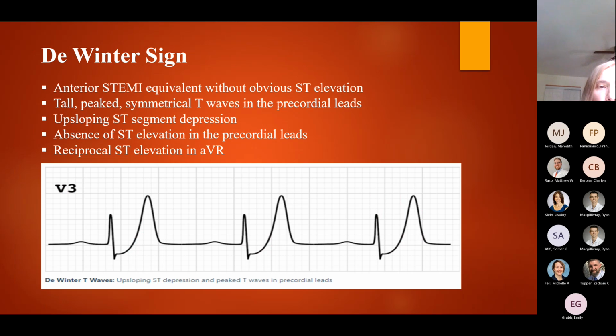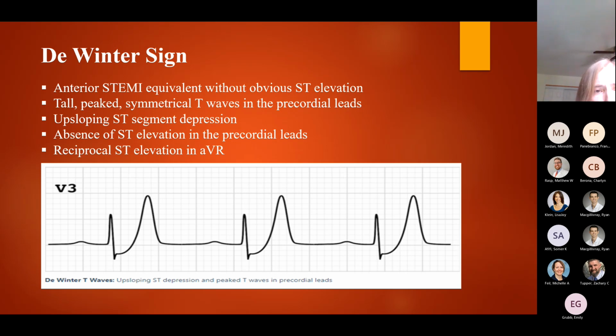With anterior STEMI, you can have De Winter sign. With De Winter sign, you don't have as obvious ST elevations, but you would have tall, symmetrical T waves in precordial leads.